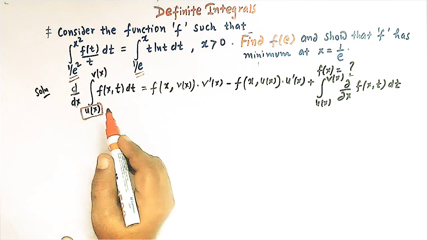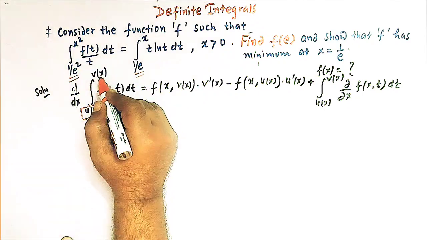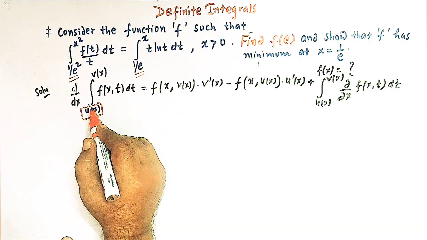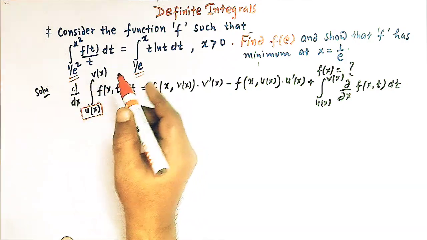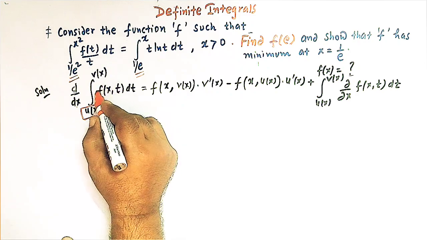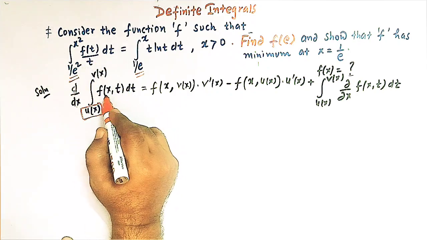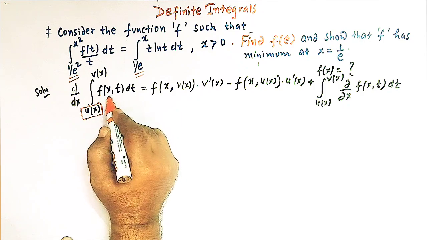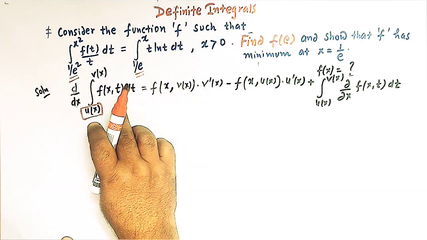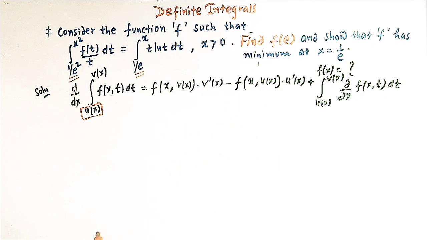So when we have the lower limit as a constant and the upper limit is some function of x, and moreover here f of x comma t is a mixed function of x and t. But if we have here only a function of t, then let us see how this Leibniz integral rule can be modified.